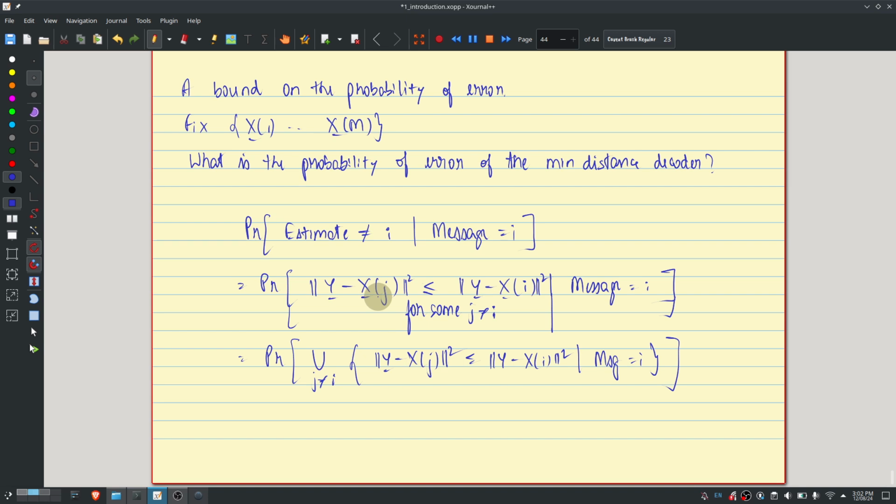Correct. That is true. Yes. So this is not the total probability of error, because you also need to average over the messages as well. Right now, I'm trying to look at a more basic quantity, which is the probability of error given that the ith message was transmitted. The overall probability of error is exactly as you pointed out: you have to average this over all possible I as well. Okay.